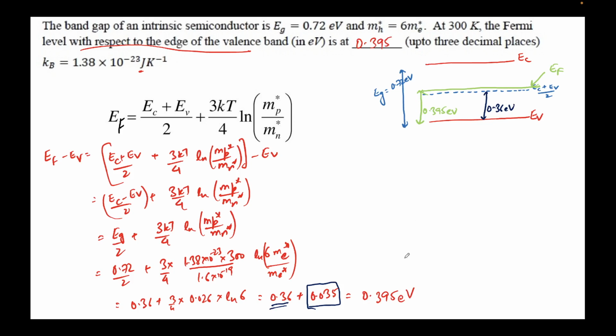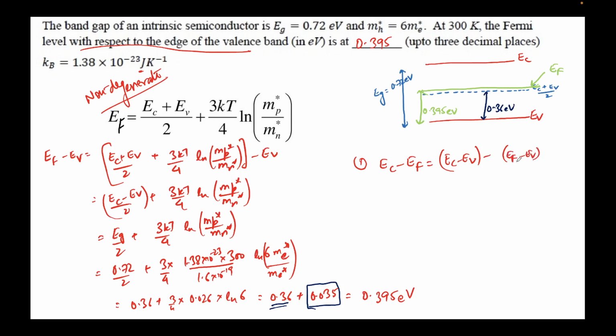Now I told you we must verify whether this is non-degenerate or not. Remember, all these formulae apply only when it's non-degenerate. So let's verify whether this system is non-degenerate. The way to verify is we first calculate EC minus EF, which means this gap. We can write it as EC minus EV minus EF minus EV.